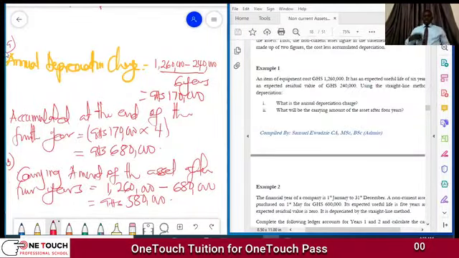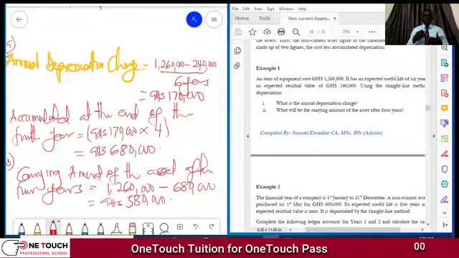Okay, so to determine the annual charge, we know that under the straight line method of depreciation, the depreciation charge is the same for each full year. If that is a full year depreciation, it is 170. Now, the question requires the value of the asset after 4 years.